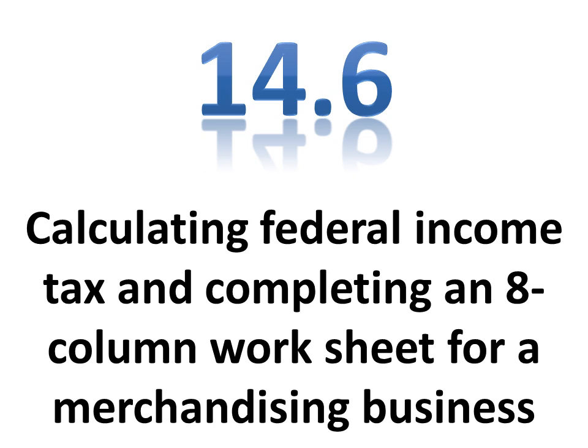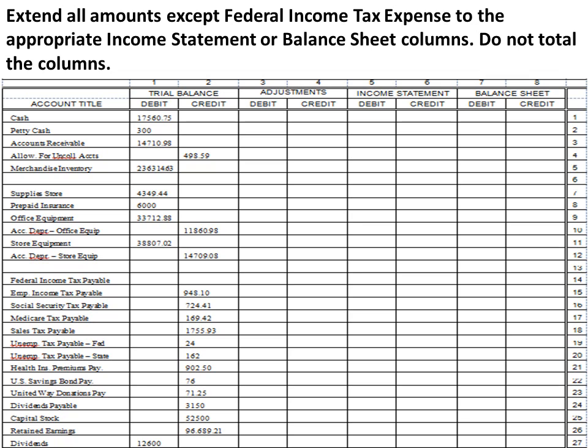The difference between these two totals is the net income before federal income tax. So once again, the key point is that before federal income tax can be determined, all adjustments must be completed on the worksheet, and all amounts except federal income tax expense must be extended to the appropriate columns.